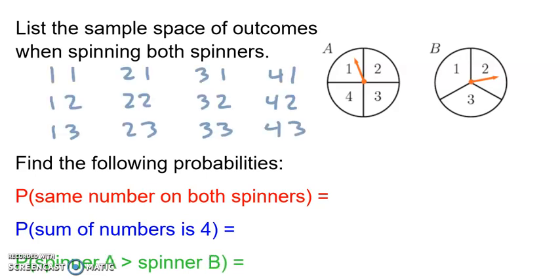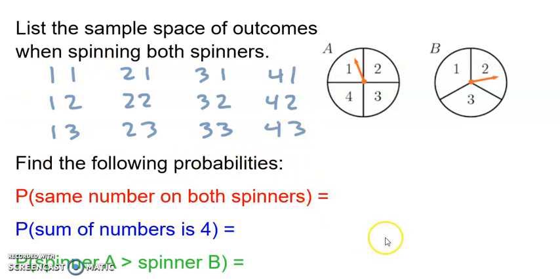So I ended up with 12 different outcomes. If I list the number from spinner A first, I could get a 1 and then a 1 from spinner B. I could get a 1 and 2 and a 1 and 3. I could get 2 and 1, 2 and 2, 2 and 3, etc. So I've got 12 different outcomes here when I spin both spinners.